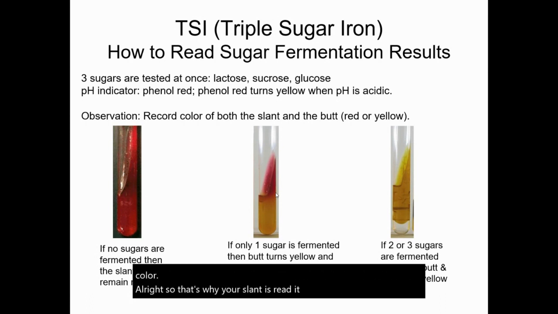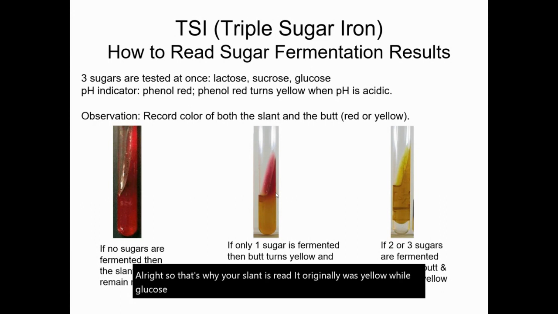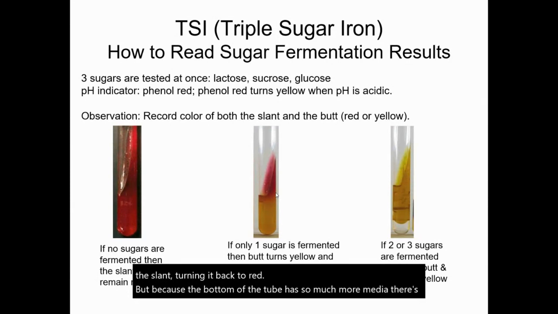It originally was yellow while glucose was being fermented. Once the glucose was gone from that area, the bacteria were eating other things, which increased the pH of the slant, turning it back to red. But because the bottom of the tube has so much more media, there's more glucose down there.